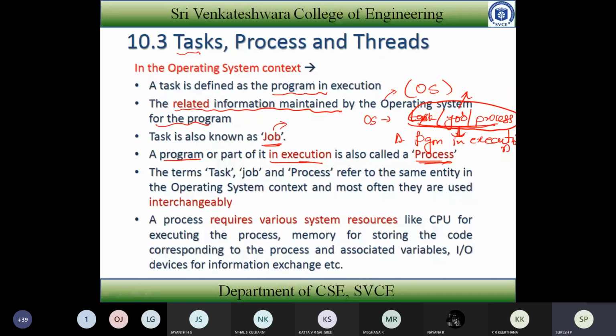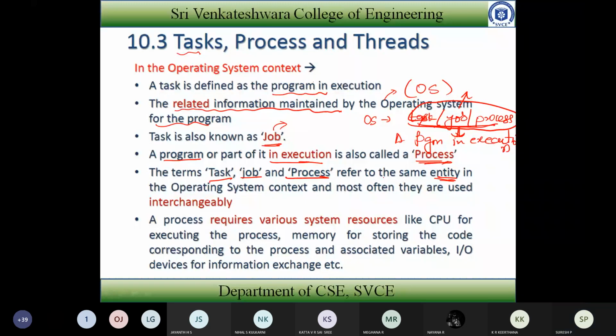So task, job, and process refer to the same entity, and most of the time they will be used interchangeably, depending upon the context where the word has been used. So what are they? It's nothing but task, job, and process.